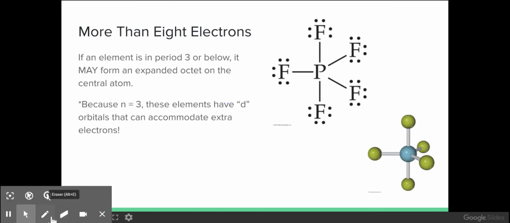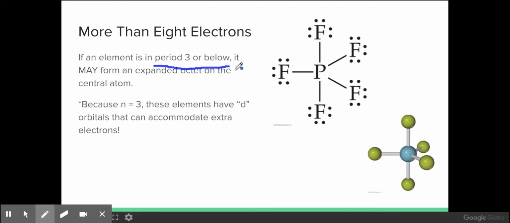Elements that are in periods 3 or below, which means period 3, period 4, period 5, and so forth, are allowed to actually expand their octet if they're in the middle of a molecule.